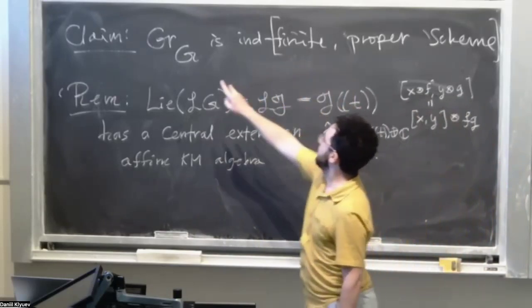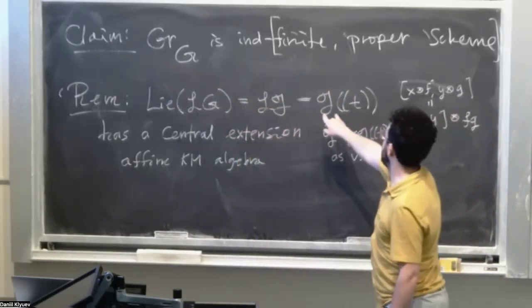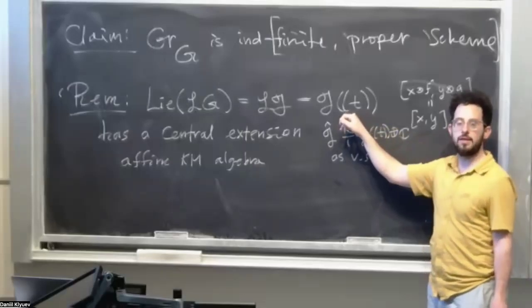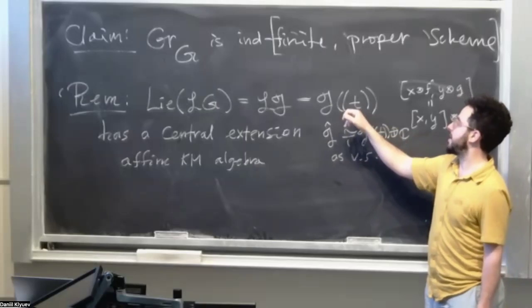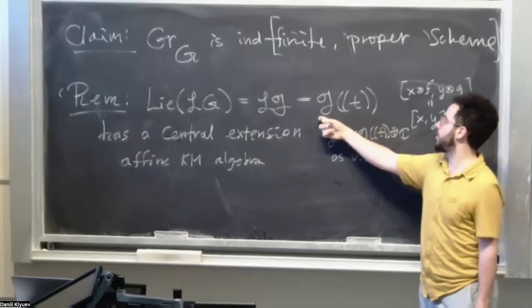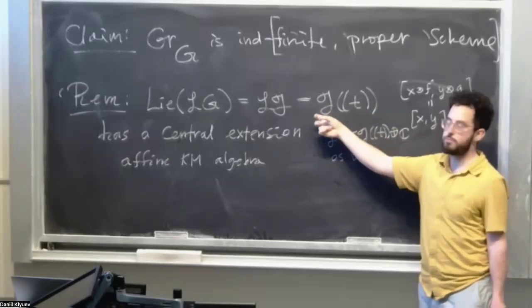Now, for the affine Grassmannian, what is happening is we are adding a new simple root, not exactly, but close enough, which is a new direction, t. So we have all the old directions coming from G, and then we add t.